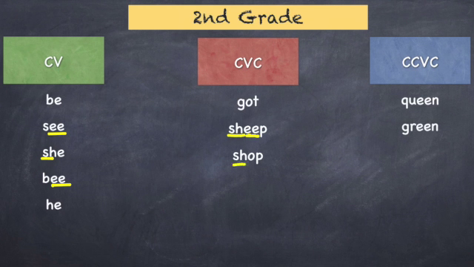And the reason why QU is a CC is because from a phonetic standpoint, Q and U, even though U is a vowel, Q is always attached to the letter U. And that sound is actually K and W kind of coming together. So we have qua, right, for Q and U together. That's why it's a CCVC word.